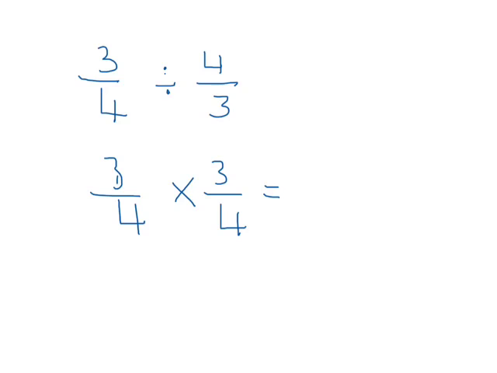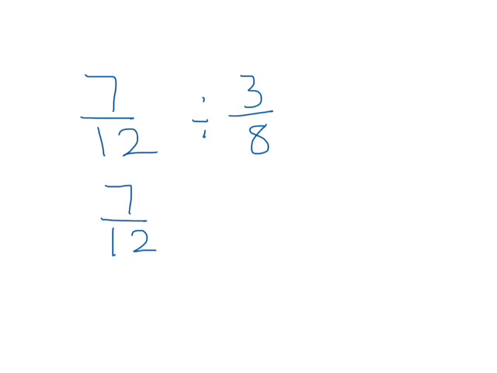To multiply a fraction by a fraction, we're not going to cross cancel because we can't here. You just multiply the numerator by the numerator over the denominator by the denominator. So 3 quarters divided by 4 thirds is 9/16.